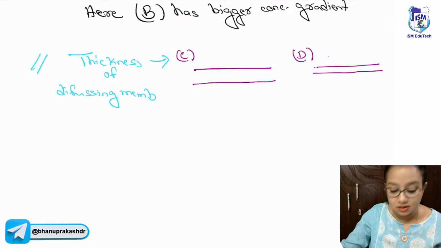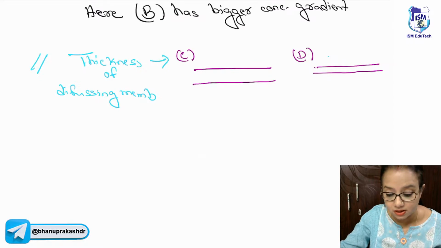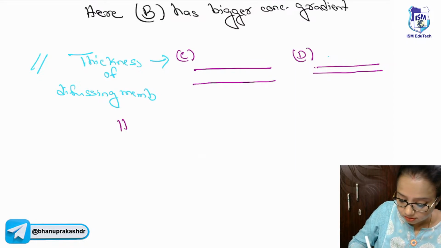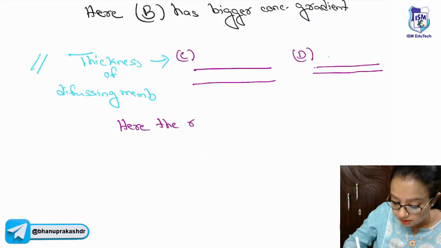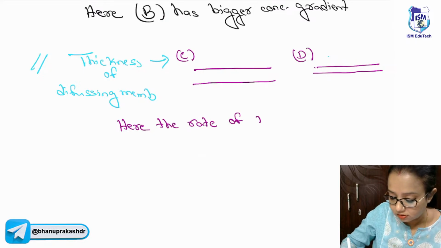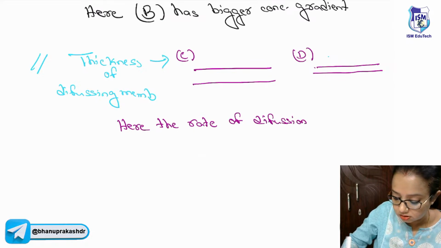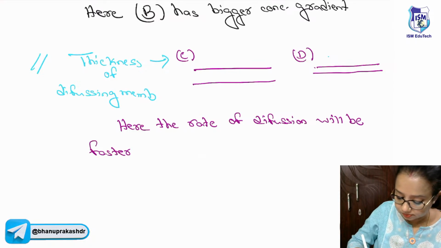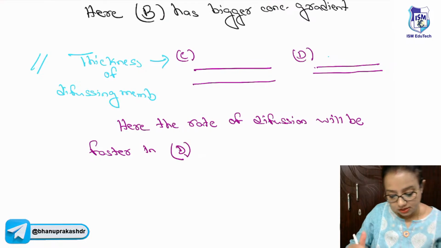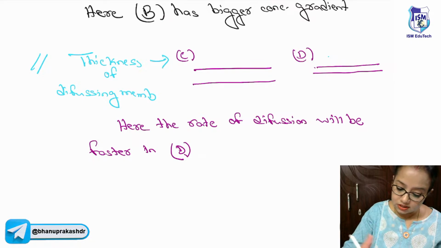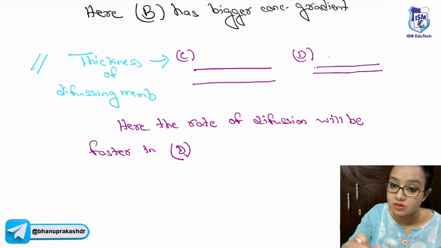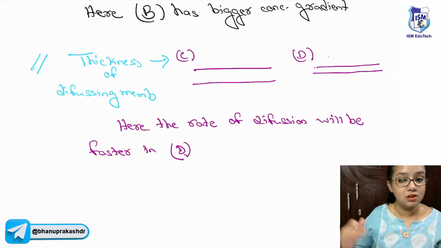Here case C has a thicker diffusing membrane compared to D. So the rate of diffusion will be faster in D. Similarly, just like the example we took, if there is diffusion of gases across the alveoli and due to some pathological condition the thickness of the alveoli increases, then the rate of diffusion will become slower.